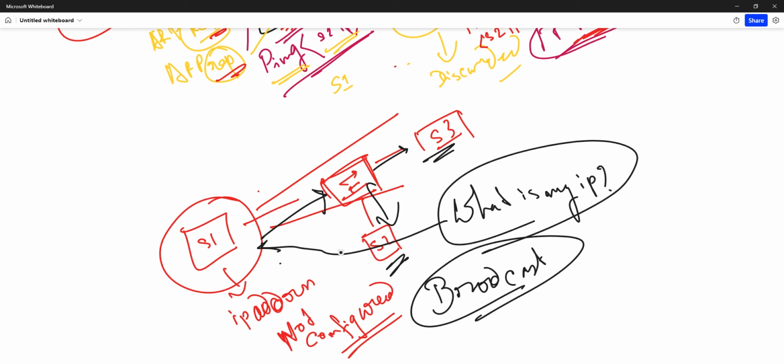If S1, that means any system, doesn't know its IP address, that time it sends a gratuitous ARP request. Once the source IP and MAC address and destination IP are known, the packet is received by the switch, then broadcast, and if some machine says, okay, this is my IP address, and replies back, that's called unicast. So that's called ARP. This is the process of how ARP works.